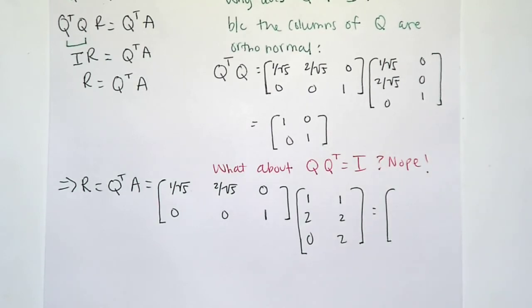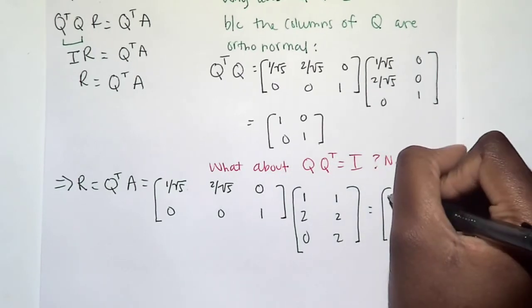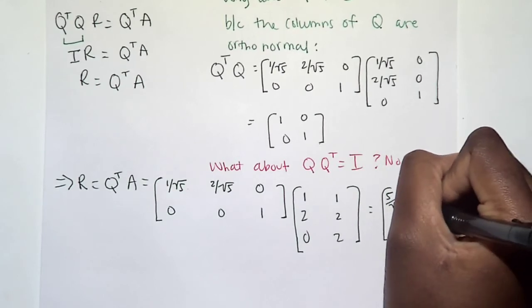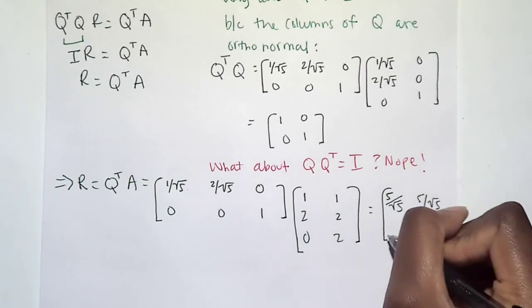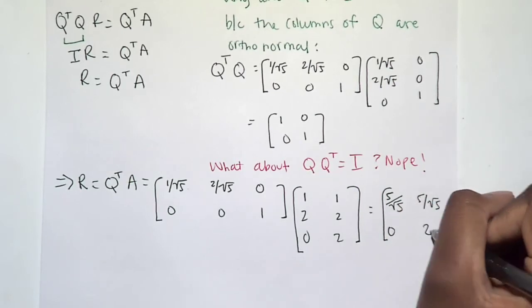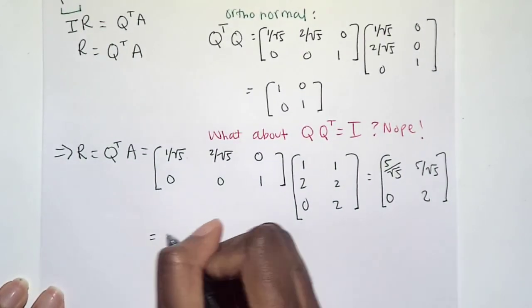So we're going to get a 2 by 2 matrix as our result. It looks like we're getting 5 over root 5, 5 over root 5, 0, 2.